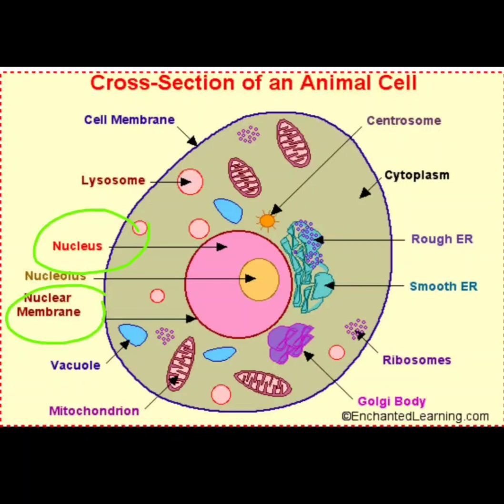It has a darkly stained body in the center known as the nucleolus. It has a fluid which fills the nucleus, known as nucleoplasm. It has a very important part, the thread-like structures present in it, known as chromatin fibers.